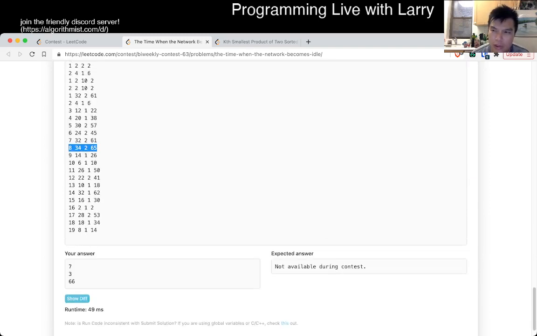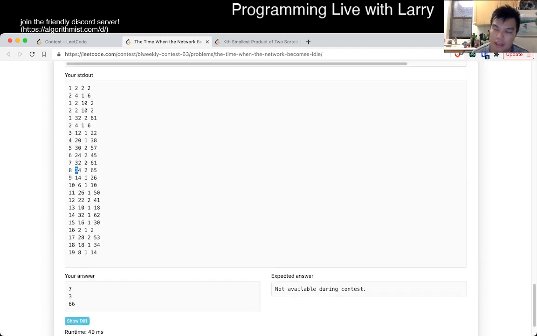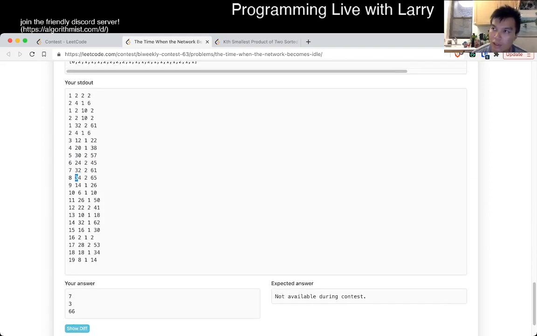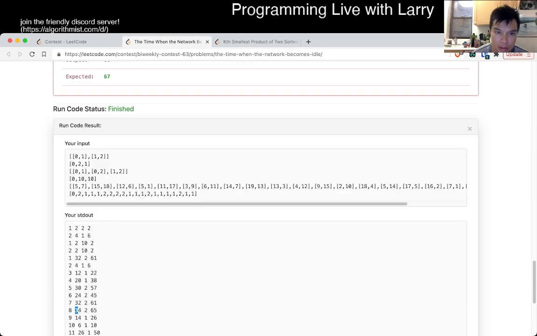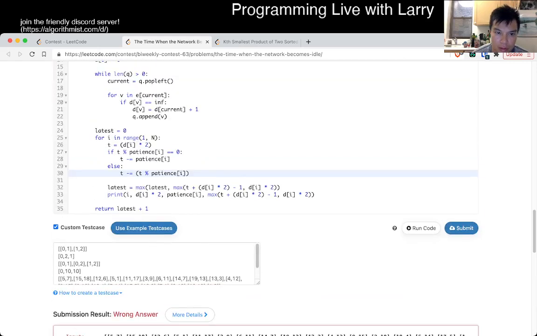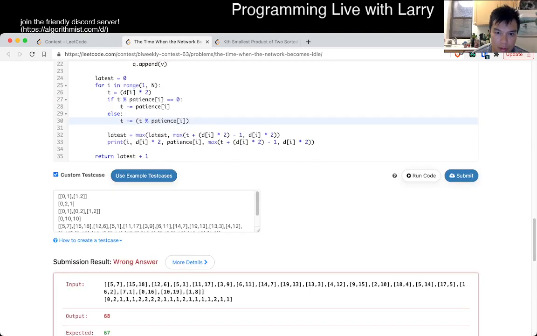The last message that was sent was 32. 32 plus 34. The last message that it sent is at 32.